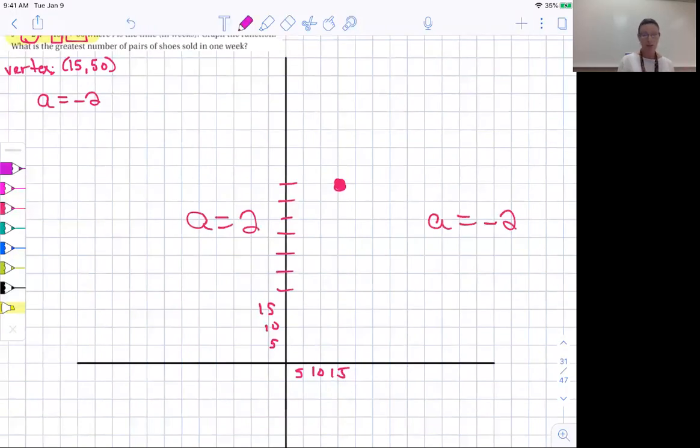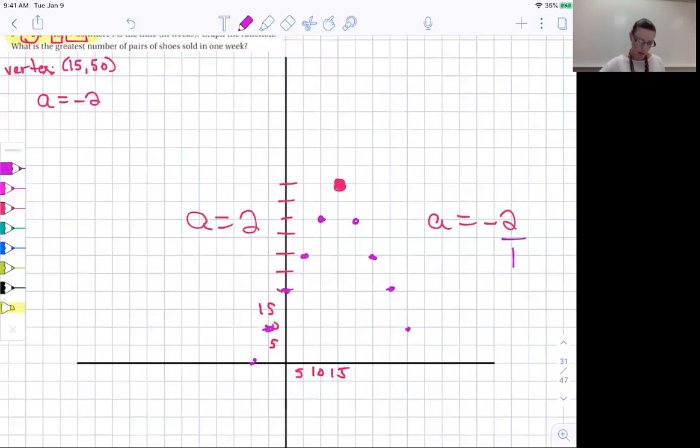Then I'm going to apply the slope to my vertex. So it's down 2, right 1 because I have a negative slope on the right. And then on the left side, I'm going down 2, but I'm going backwards 1 because that should be a positive slope. If I go down and backwards, that really represents a positive increase.